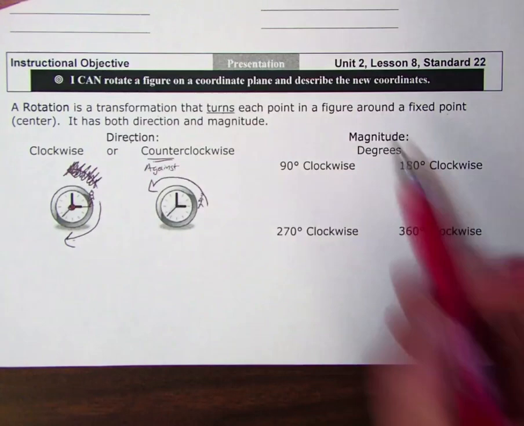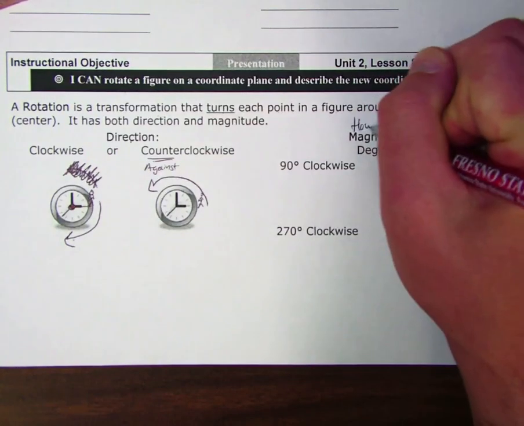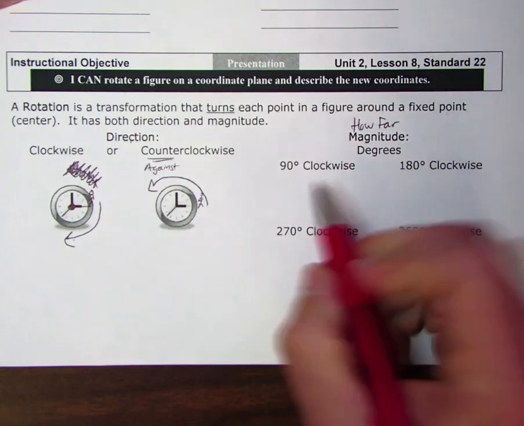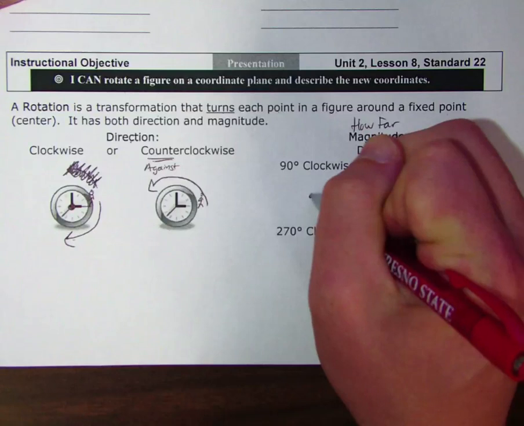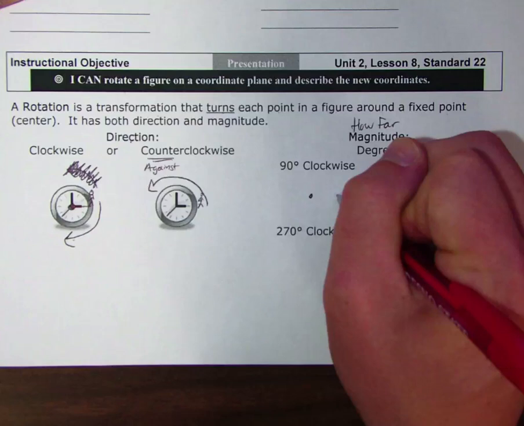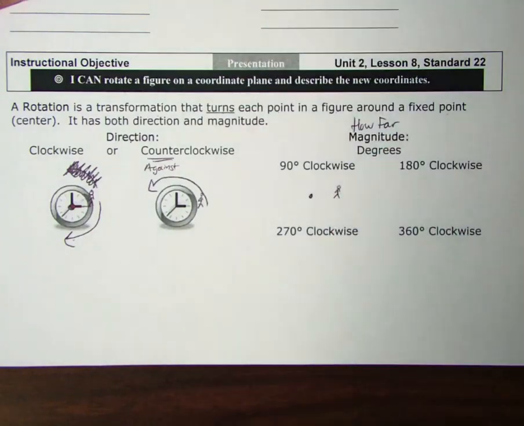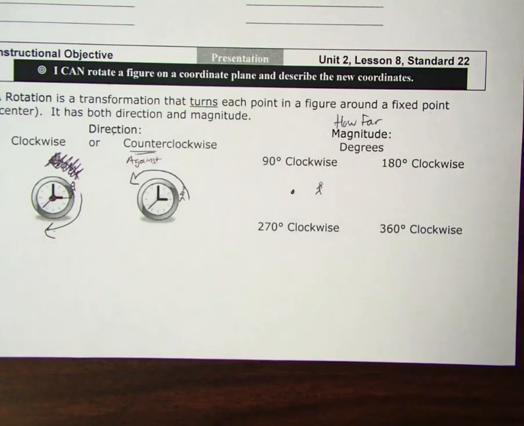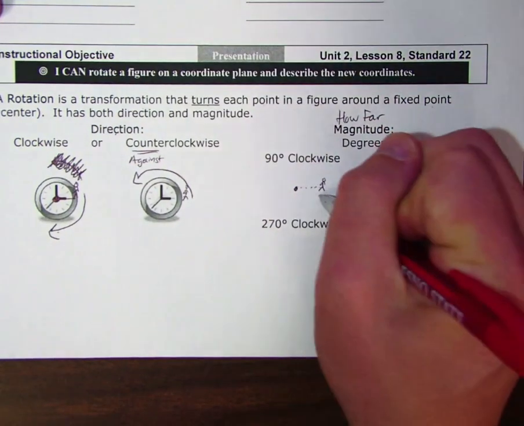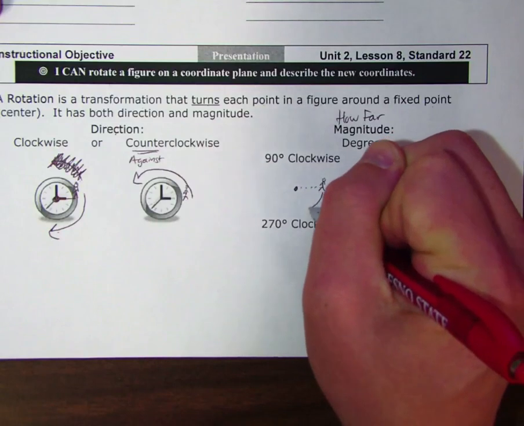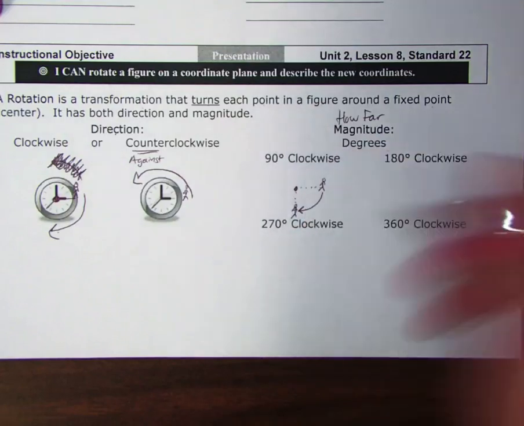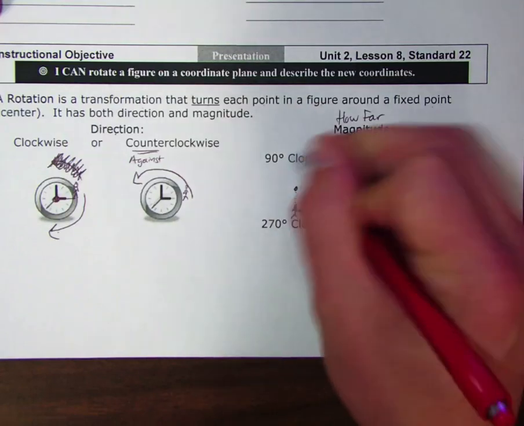Now let's talk about magnitude, which is how far. So 90 degrees clockwise. Let's put a little dot down. Let's say I'm hanging out right here, and I want to go 90 degrees clockwise. Think of clocks. Here I am out here. I want to go 90 degrees, which would be this way. And I've gone 90 out of the whole 360.